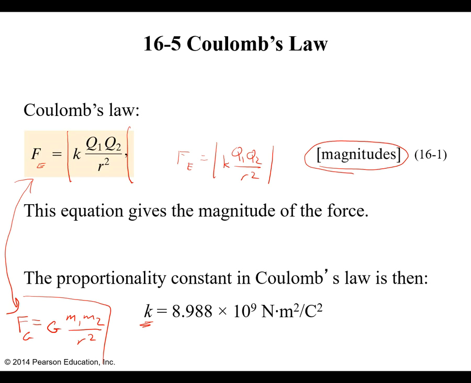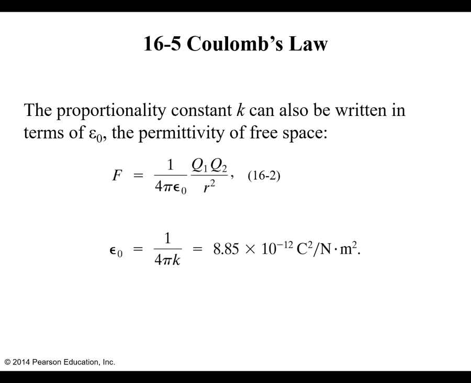Before I do, let me talk a little bit more about this proportionality constant. We use the letter K. However, we can also write it in terms of this number, epsilon naught, known as the permittivity of free space. You are going to see this constant at the end of this chapter and multiple times by the end of the section, and even into the next section.